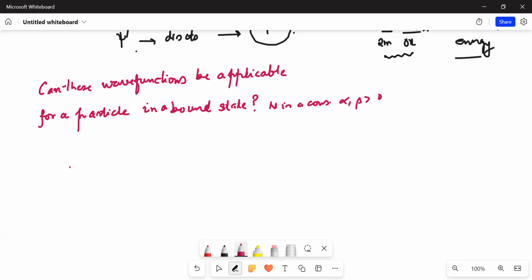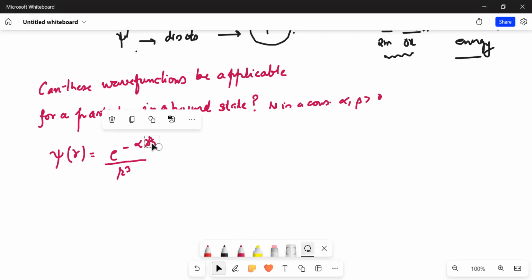Just think about this. So let's say I'm giving you the wave function psi as a function of r in 3 dimensions, like e raised to power minus alpha r cube.